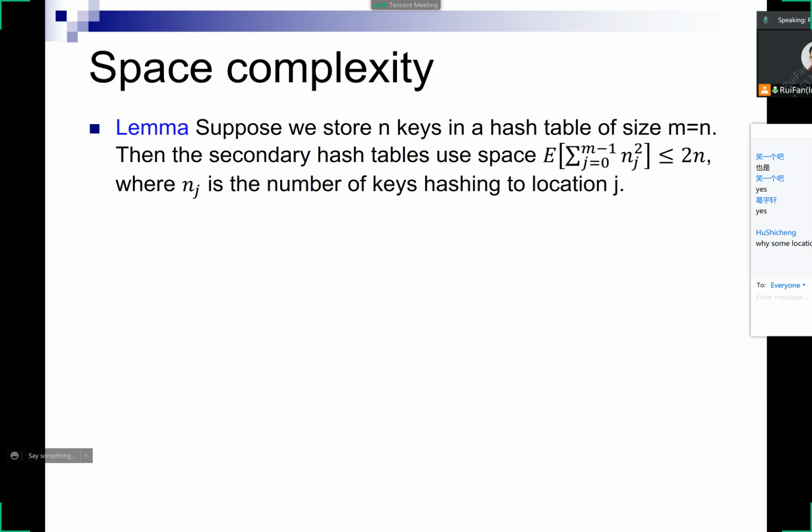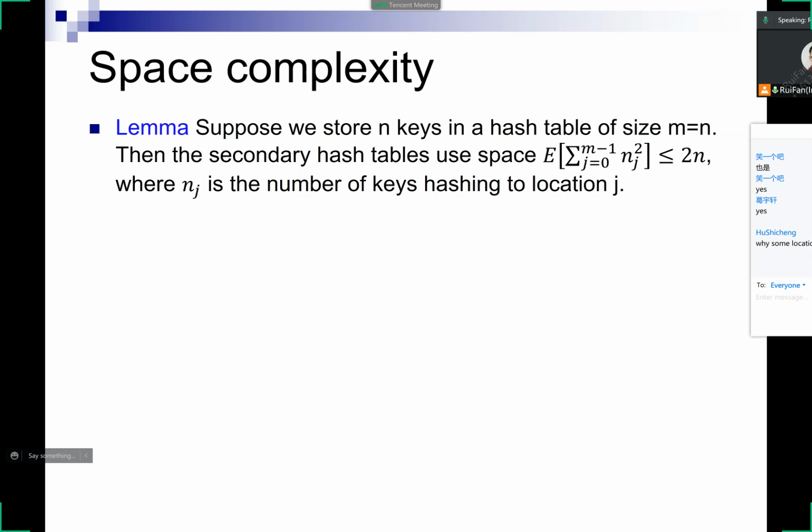The final part of this is to look at the expected size of the entire hash table.